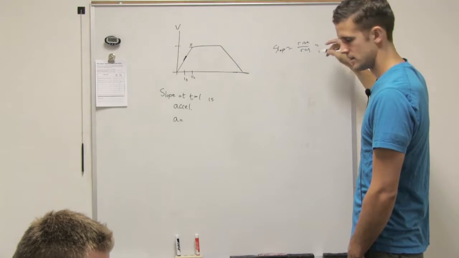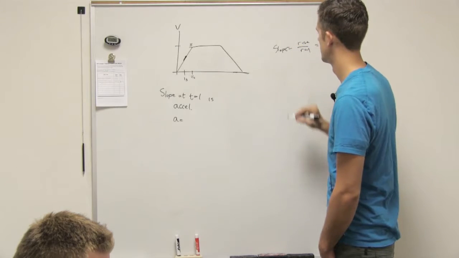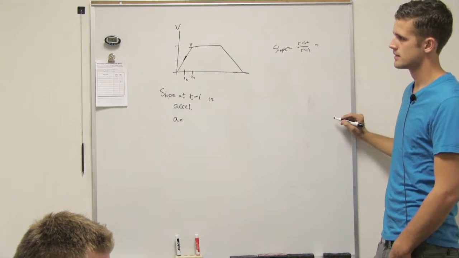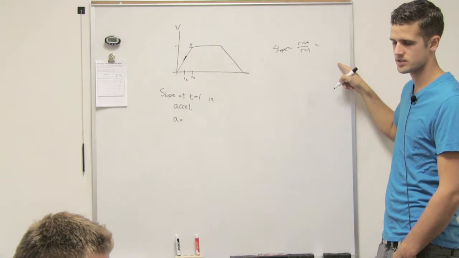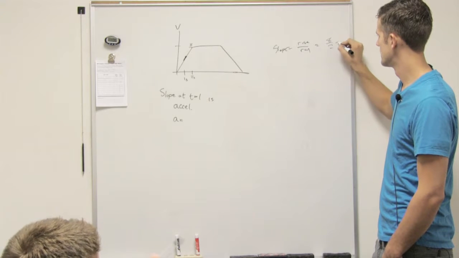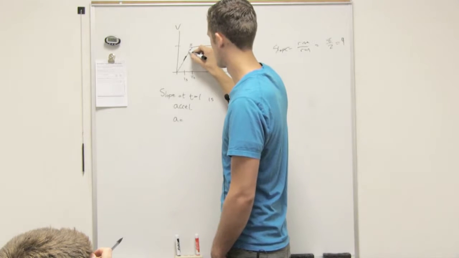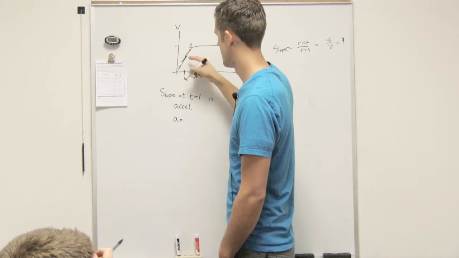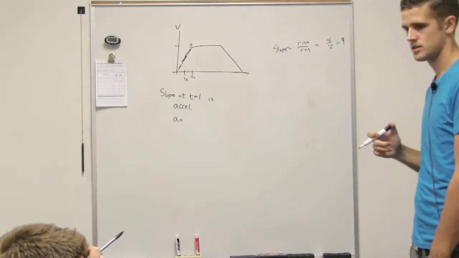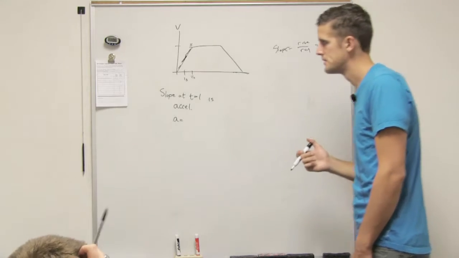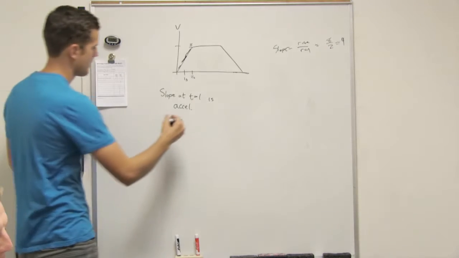So how far up has it gone in 2 seconds? 8 over 2. 4. So your slope is 4. So that means the slope right here is 4, the slope right here, and the slope right here, and the slope at 1, which is what you're looking for. Oh, the one's at 4. Yeah. So what's your acceleration? 4.